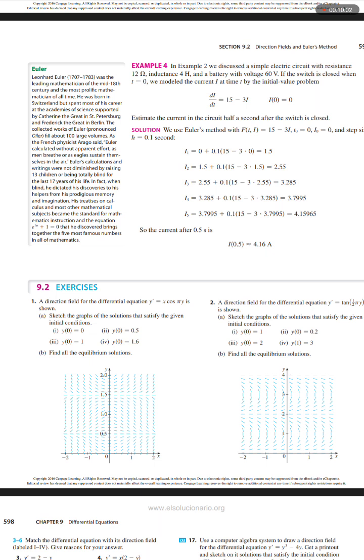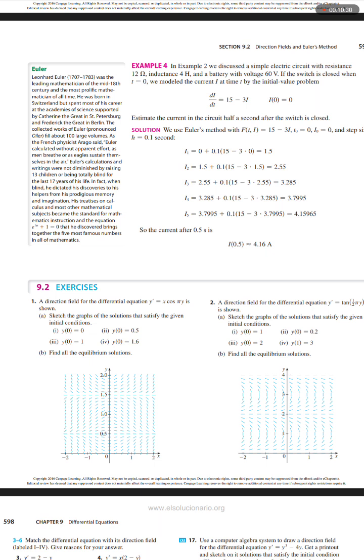Euler's calculations and writings were not diminished by raising 13 children or being totally blind for the last 17 years of his life. In fact, when blind, he dictated his discoveries to his helpers from his prodigious memory and imagination.